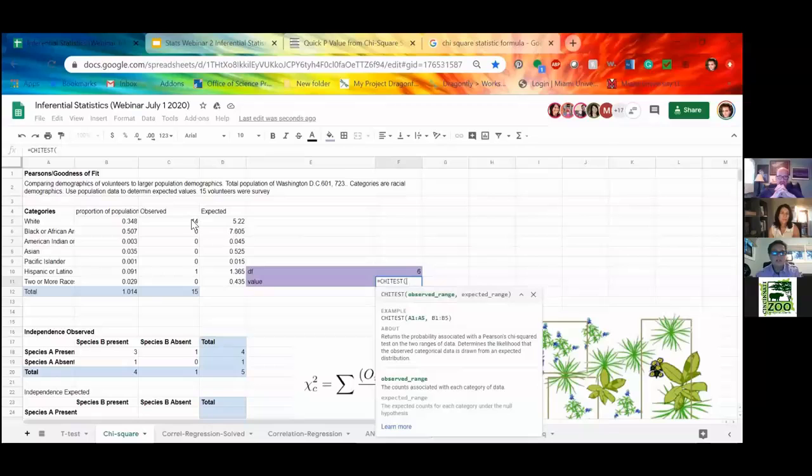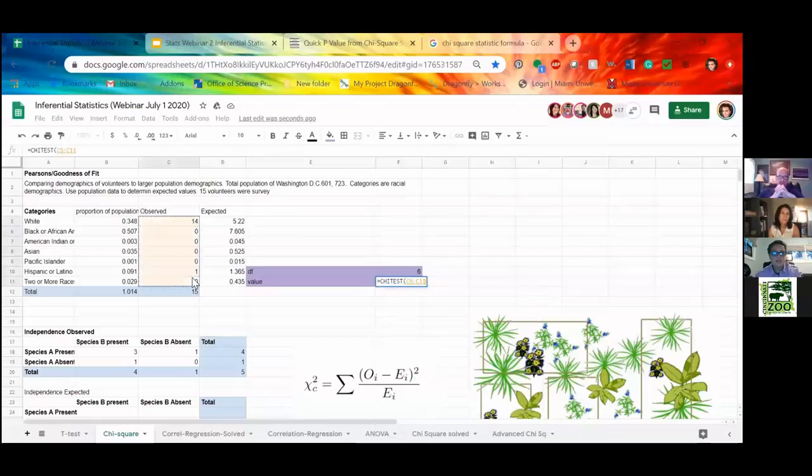And then we're going to highlight our observed array. And then we're going to highlight our expected array. Oh, come on. Sorry, guys. I swear I did this before.